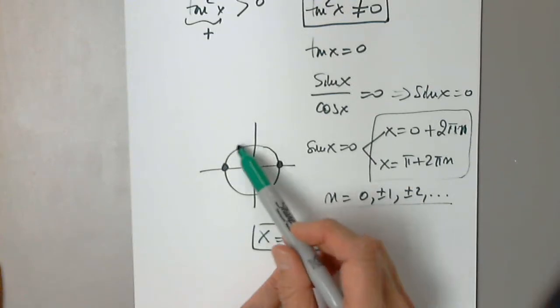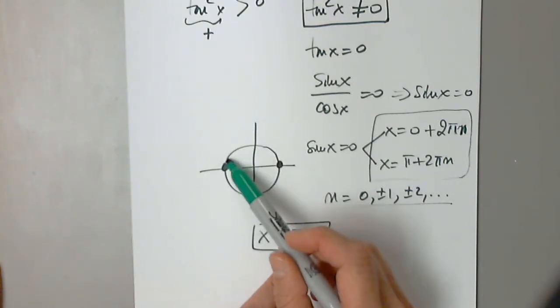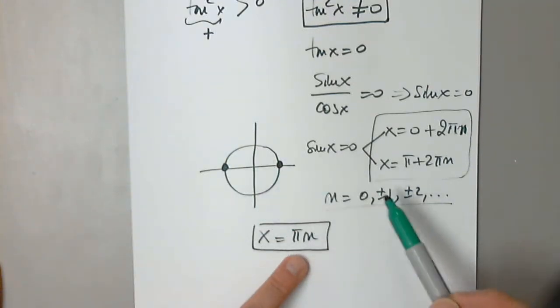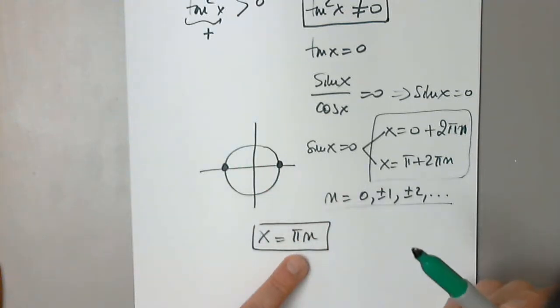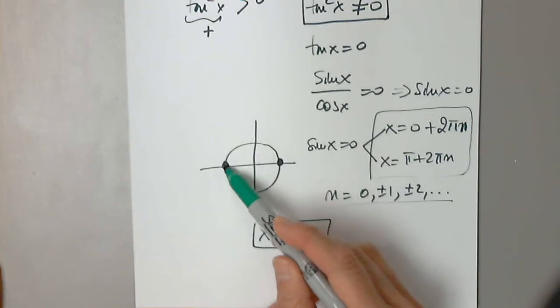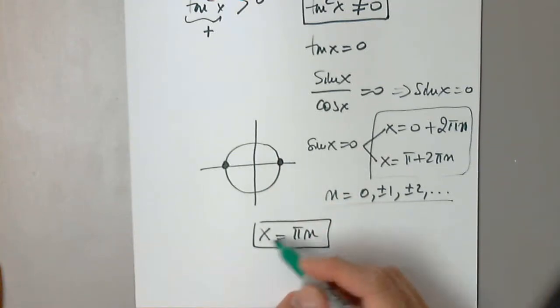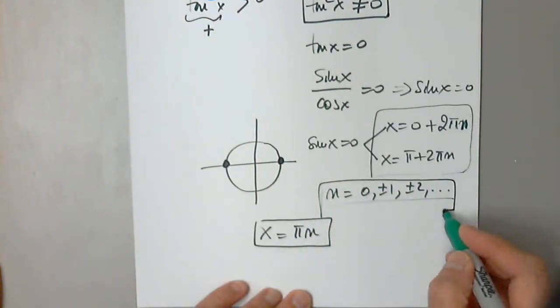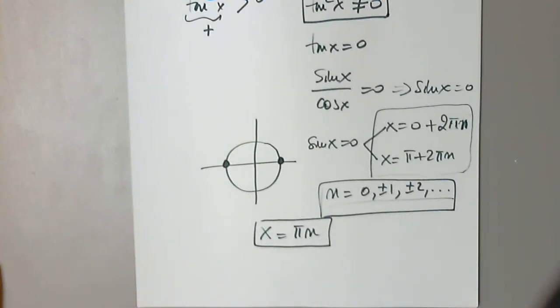If n is 2, I get 2 pi. If n is negative 2, I get negative 2 pi. If n is 3, I get 3 pi. So this is the solution, with n equals 0, plus or minus 1, plus or minus 2. These are all discontinuities of this function. Is that clear?